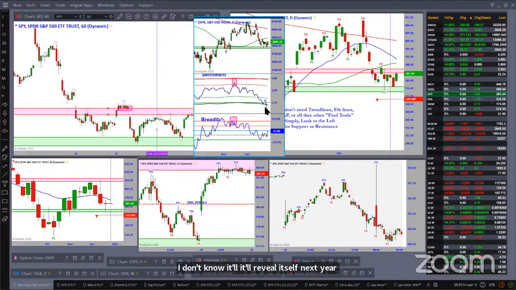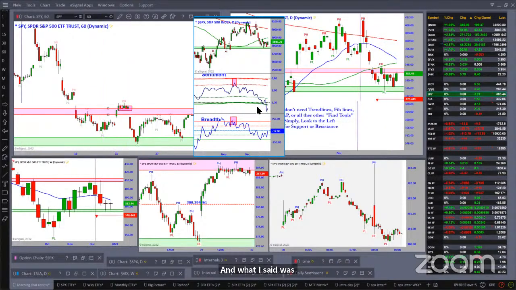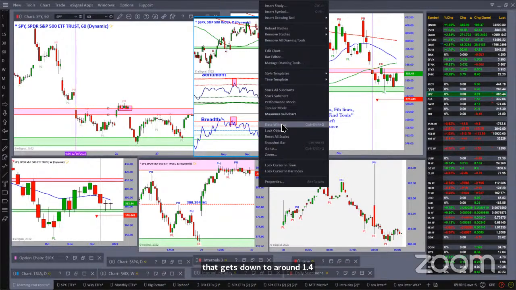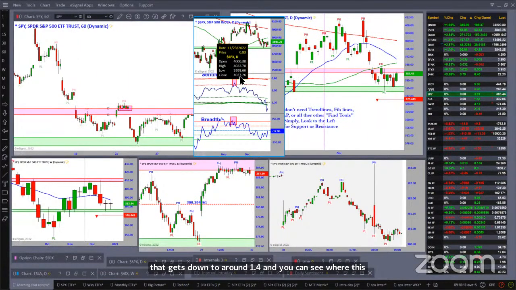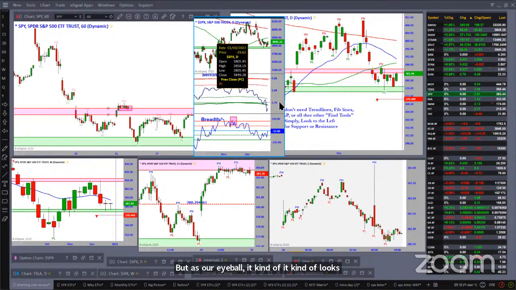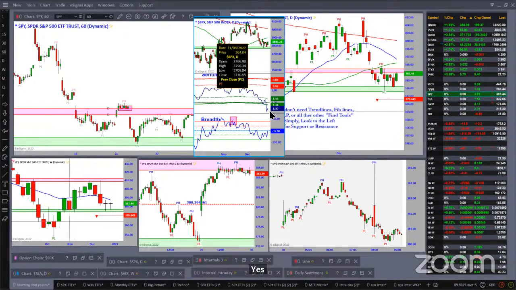But one of the many things that we talked about was angle of retracement and the existing bear market and so on. And what I said was typically in a bear market, after a move like that, it gets down to around 1.4. And you can see where this is at, but as I eyeball it, it looks like 1.3, and maybe the lower part of it hit 1.4.